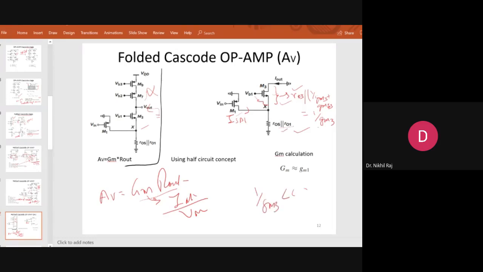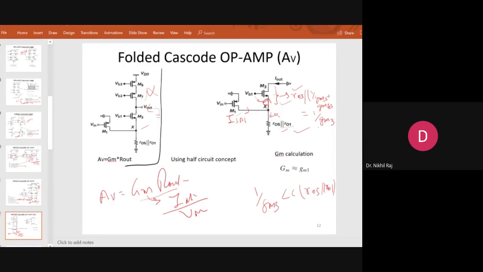So what will happen? The total current will flow, the maximum of the current will flow through this node instead of this node. So maximum current will flow towards M3. In this case, my ISD1 will be equal to minus ISD1. ISD1 is nothing but GM1 into VSG.